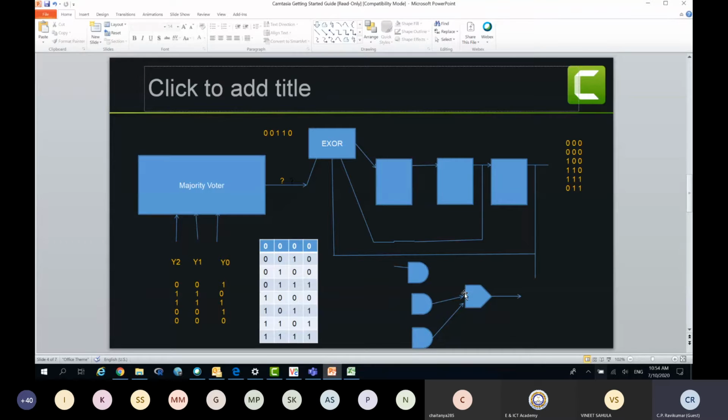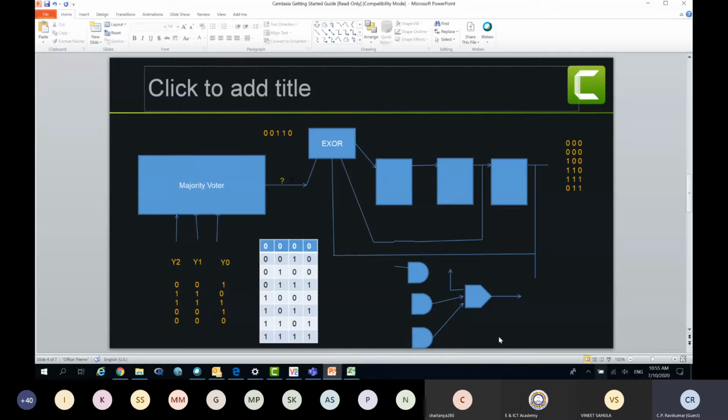Okay. They short circuited it to the supply voltage. This is a wiring error that can occur. It can go to ground or it can go to supply.